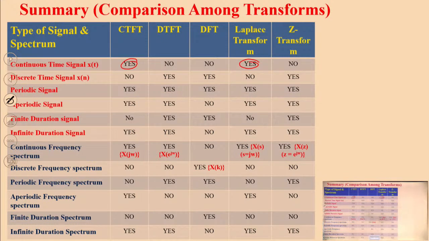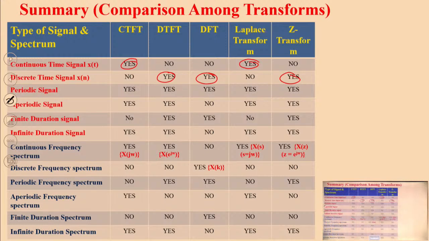DTFT, DFT and Z-transform are applicable only for discrete time signals. For a discrete time signal you can take DTFT, DFT or Z-transform.